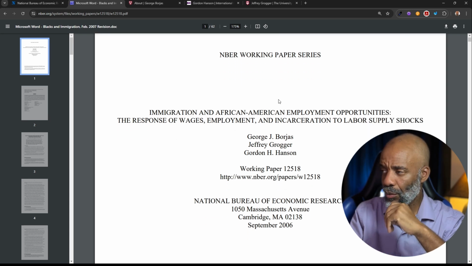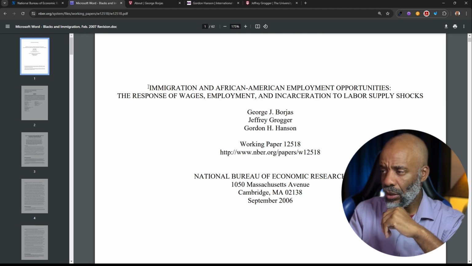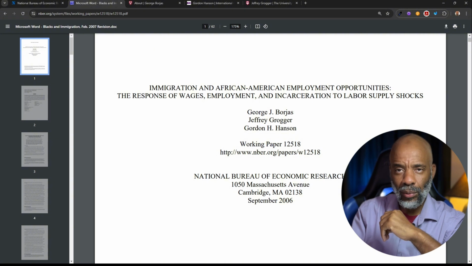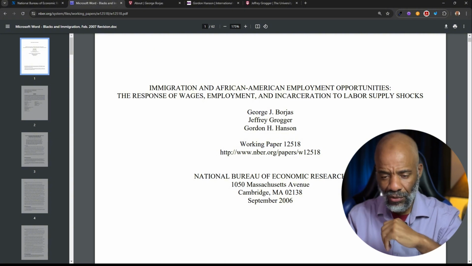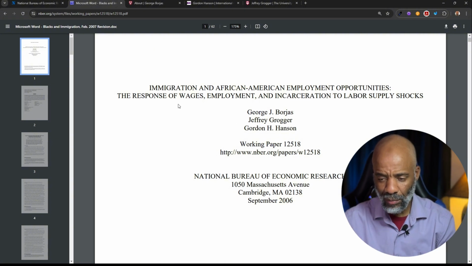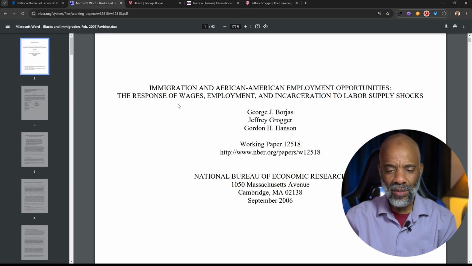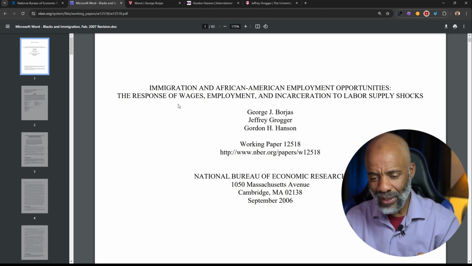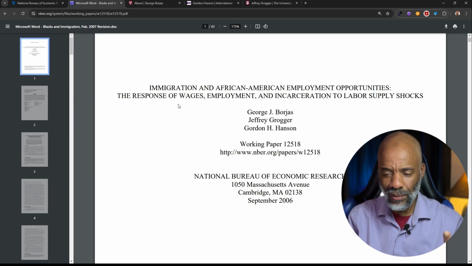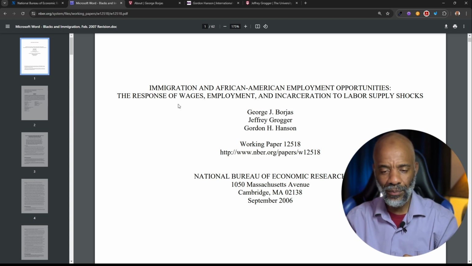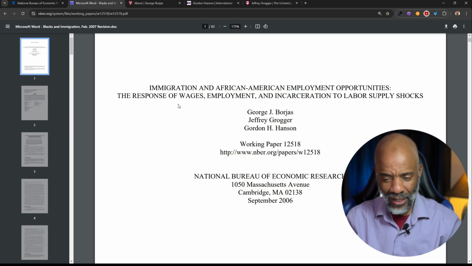Let's look at this working paper. Look at what it says here. Immigration and African American employment opportunities: the response of wages, employment, and incarceration to labor supply shocks. And here are the 3 people, George, Jeffrey, and Gordon.